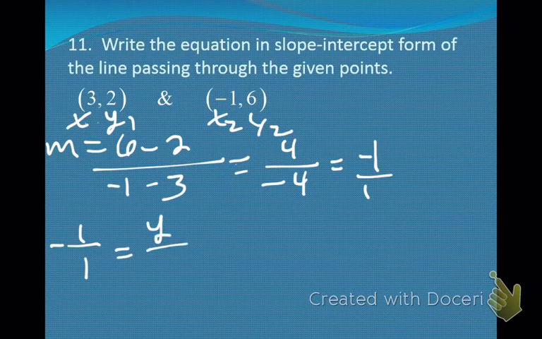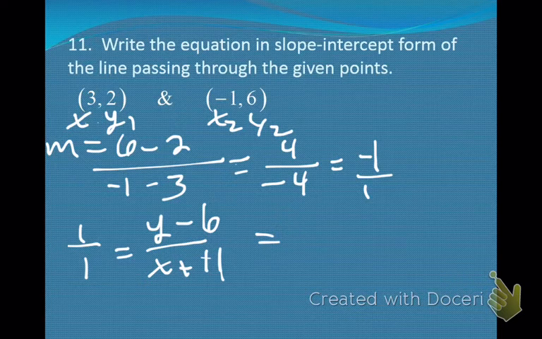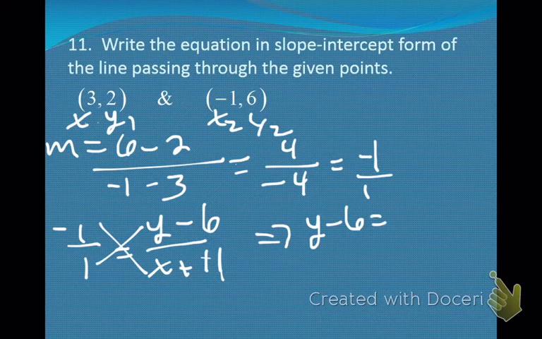Now, plug back into the slope formula, but this time leave one of the points out. It doesn't matter which one you plug back in. Make this plus plus. I'm going to move this negative sign up to where it's in the numerator, and now when I cross multiply, I get 1 times y minus 6, which is just y minus 6, negative 1 times x plus 1.